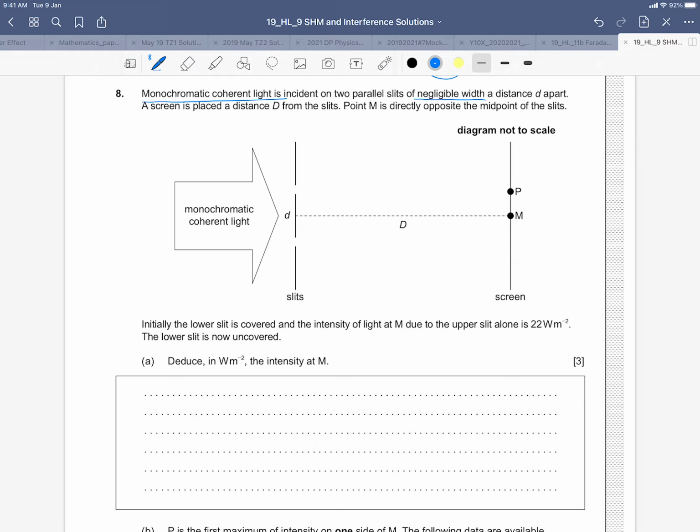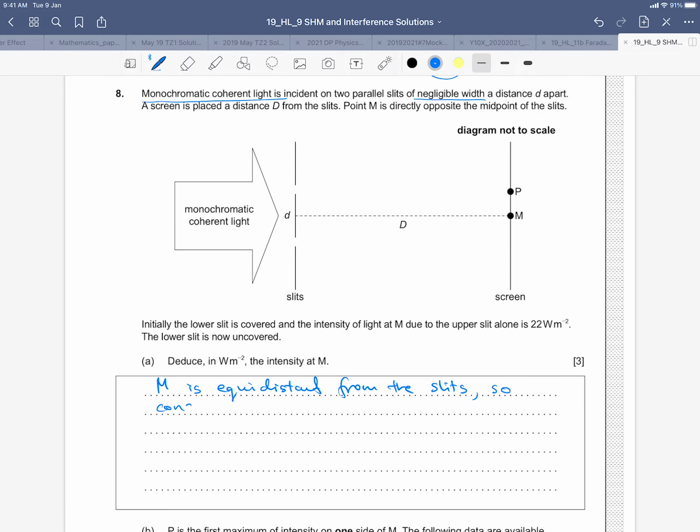Okay, so we're going to get constructive interference, right? At M, equidistant from the 2 slits, we get constructive interference. So we can say M is equidistant from each slit.